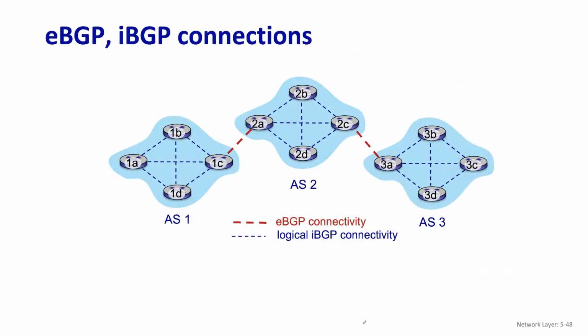Okay, so as you can see here, the communication between two autonomous systems is using eBGP, and within the autonomous system we are using IBGP, or the internal BGP.